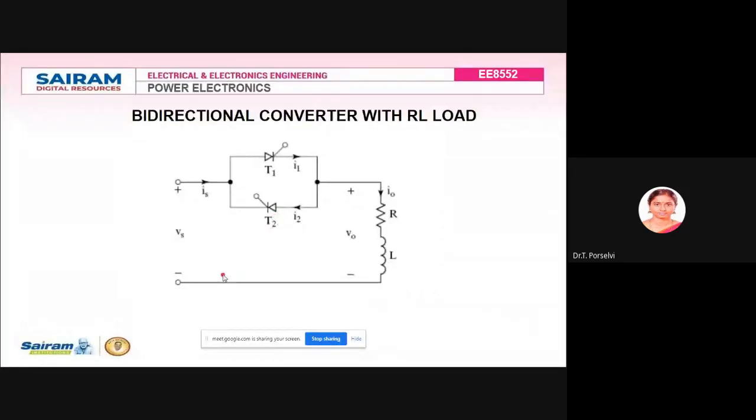Current will flow from this side, which is now positive, through the load and through your thyristor T2 and back to the source. So during the positive half cycle, T1 carries the load current, and during the negative half cycle, T2 carries the load current.